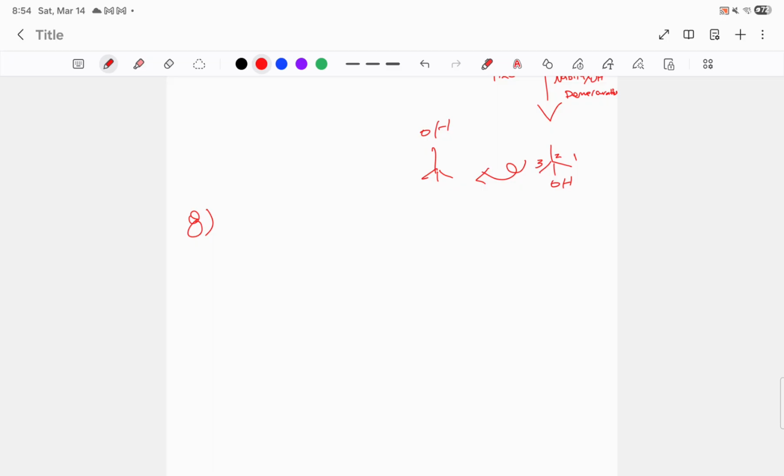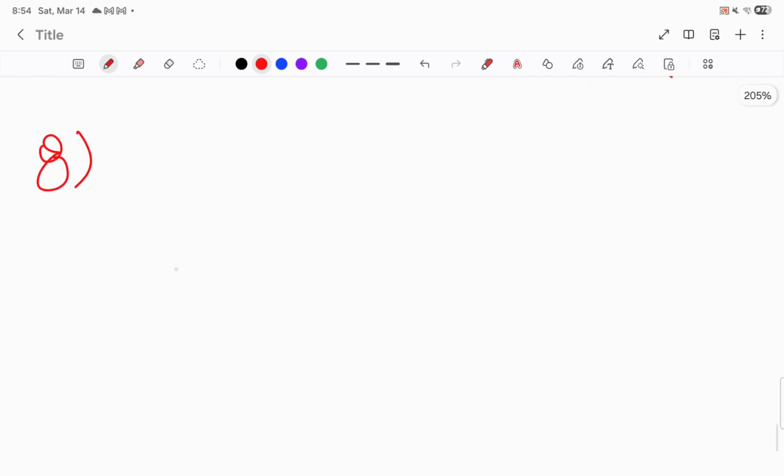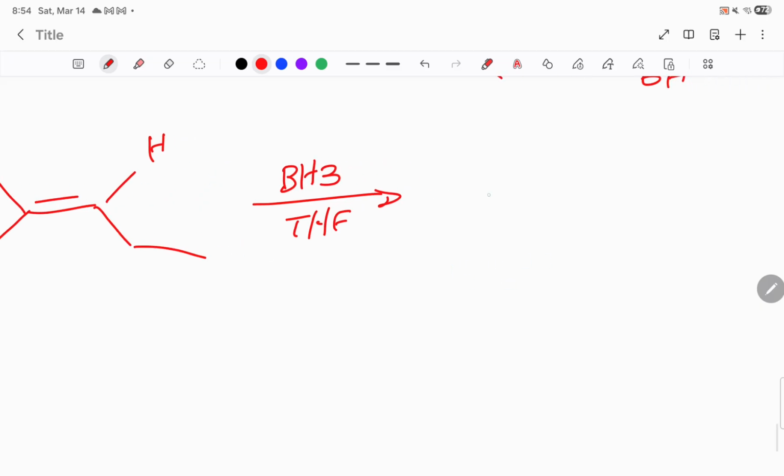But hydroboration oxidation is interesting, because I can have something like this. And I can, in THF, add a borane, okay? And get this kind of organoborane intermediate. Again, we'll talk about what that looks like.